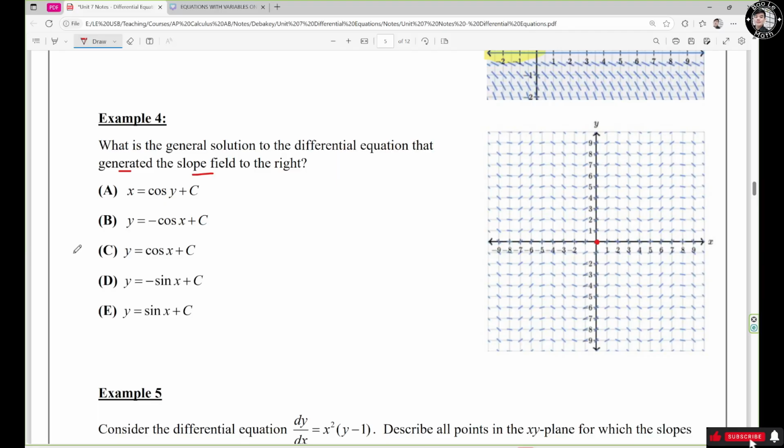And you know that the trigonometric function that passes the origin is the sine function, right? The cosine function starts from the maximum or the minimum, right? So you need to eliminate A, B, and C, right? You only have D, E left, right? And you know that the sine function is going to be something like this, right? Or y equals negative sine function is going to be something like this.